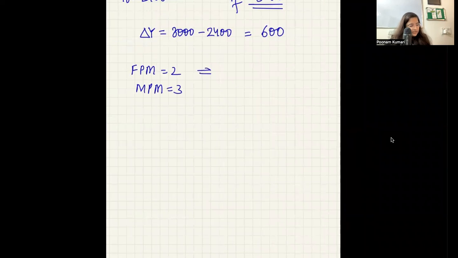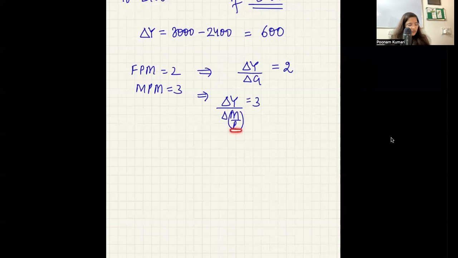ठीक है. व्हाट इज दिस? दिस इज बेसिकली चेंज इन y divided by change in g is equals to 2. You know change in y, how much change in g needed, that you can calculate, right? Here this is nothing but what is change in y? Change in m by p. That is 3. So if P is not changing, whatever change in M happening, that will be the real money change, right?